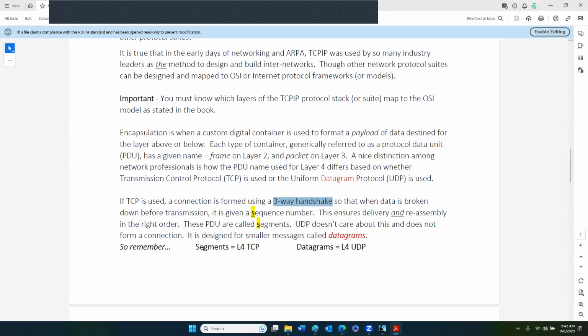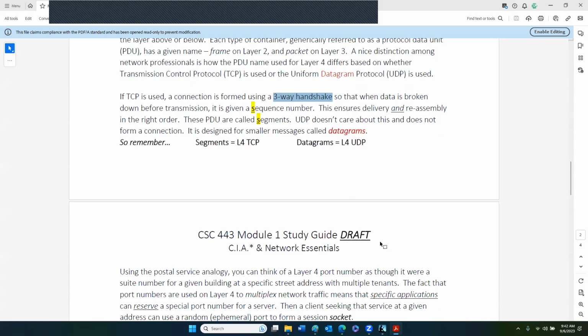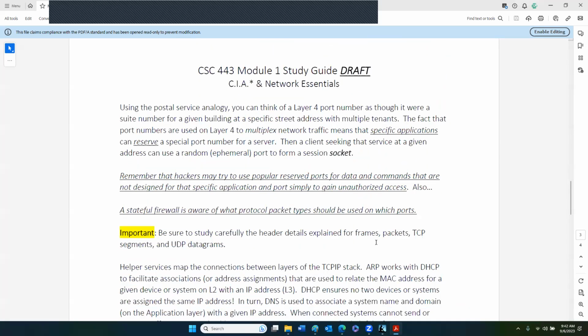On layer 4, one of the very elegant things that the author calls out is this notion that layer 4 is where networking is multiplexed. He uses the term multiplexed, and he describes it in a manner different from Comer.